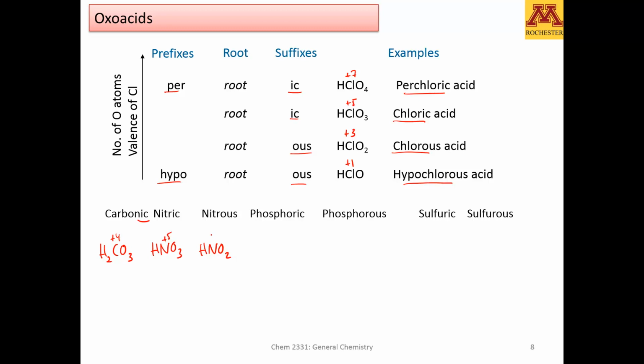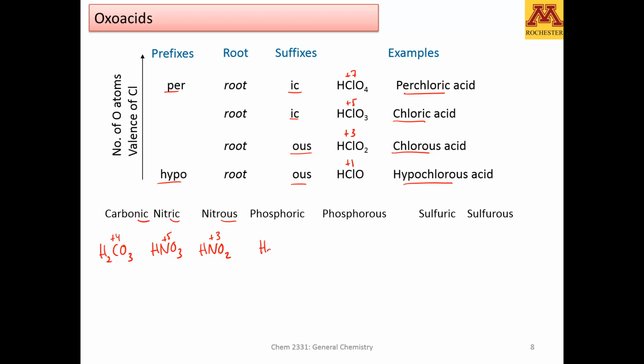This one is +5. I'm doing it very fast, but if you take the time, you will see that the oxidation state of nitrogen in nitric acid is +5 and in nitrous acid is +3. So if you have just 2 possible oxidation states, you will use the -ic and -ous terminations.